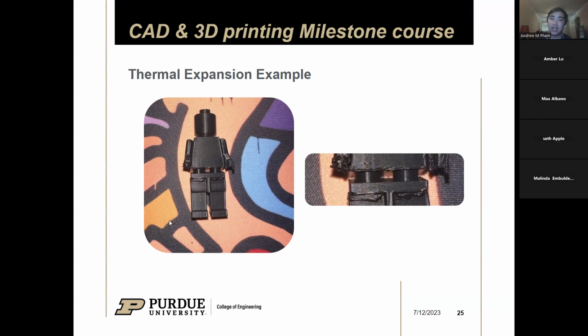They may not have added tolerance to this, which caused the torso to not match up with the body. So keeping that in mind might be good if you're designing parts that interface with each other. Generally I like to use 0.2 millimeters a lot.